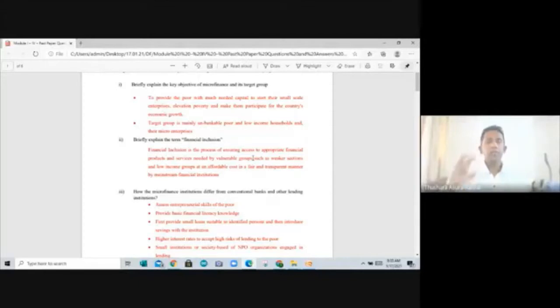Financial inclusion, microfinancing definition, microfinancing objective, microfinancing target group, even in our structure, it was in a similar manner. So take some time and do some memorizing, because it could be useful for getting maximum marks, because you can't go wrong anywhere, right?